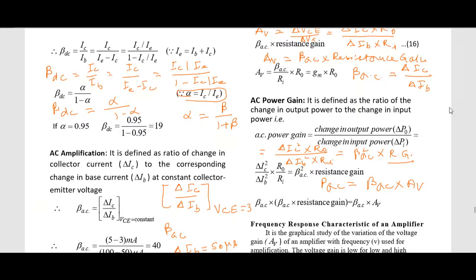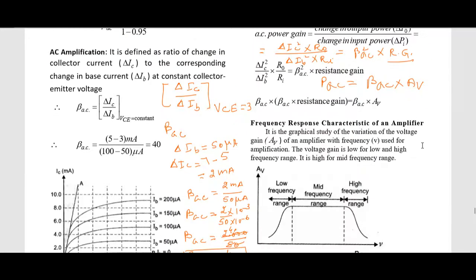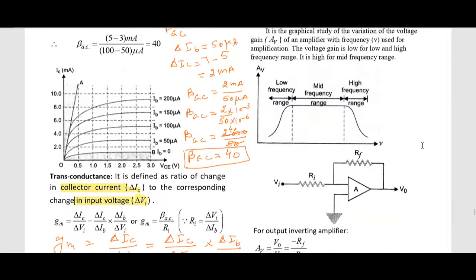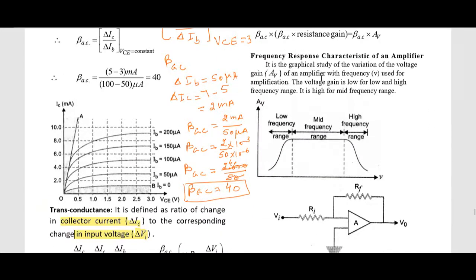And the next factor that we will discuss is the frequency response. A question has been asked on frequency response. This is the frequency response: voltage gain, and here is the change in frequency of input voltage. The graph is: voltage gain rises initially at smaller frequency, then it reaches a plateau value.